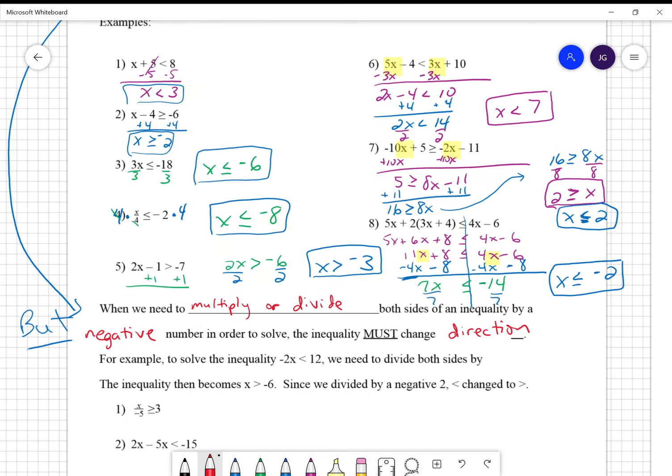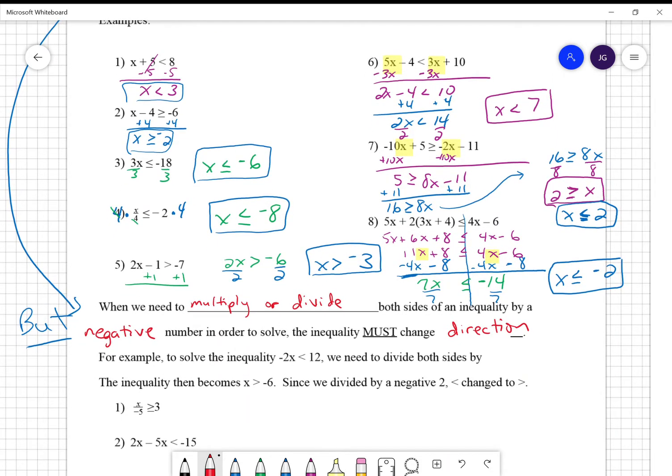For example, if I were solving the inequality negative 2x is less than 12, we need to divide both sides by negative 2. If I divide both sides by negative 2, the number I'm dividing by is negative.